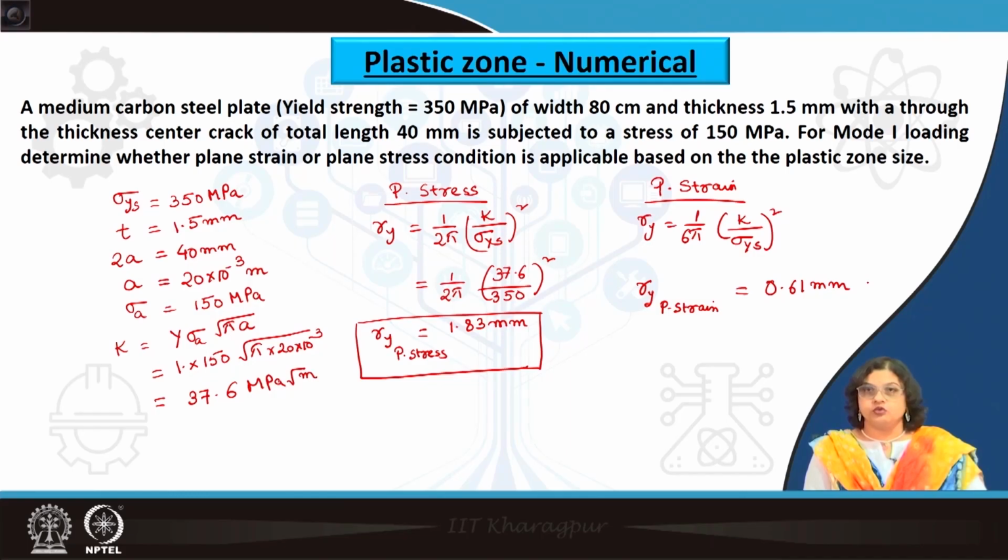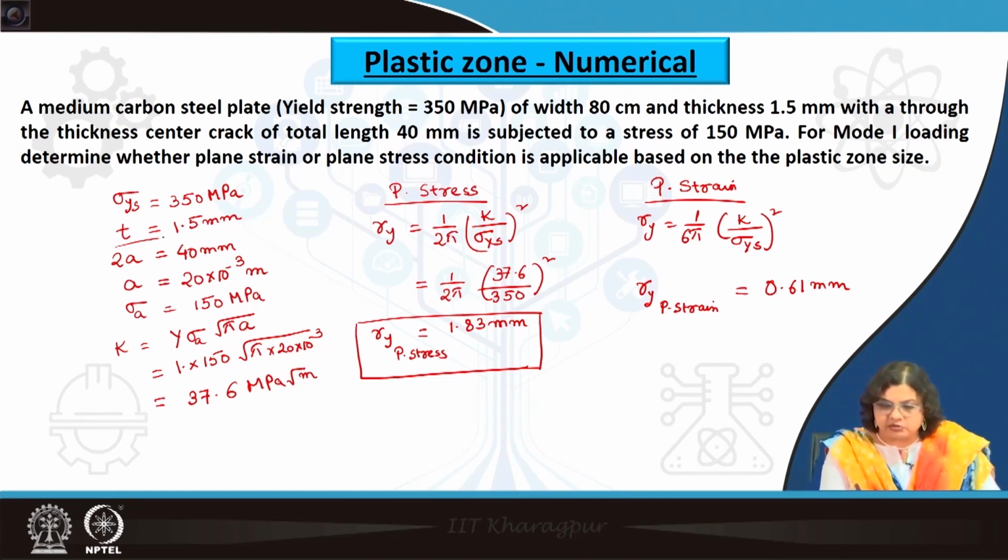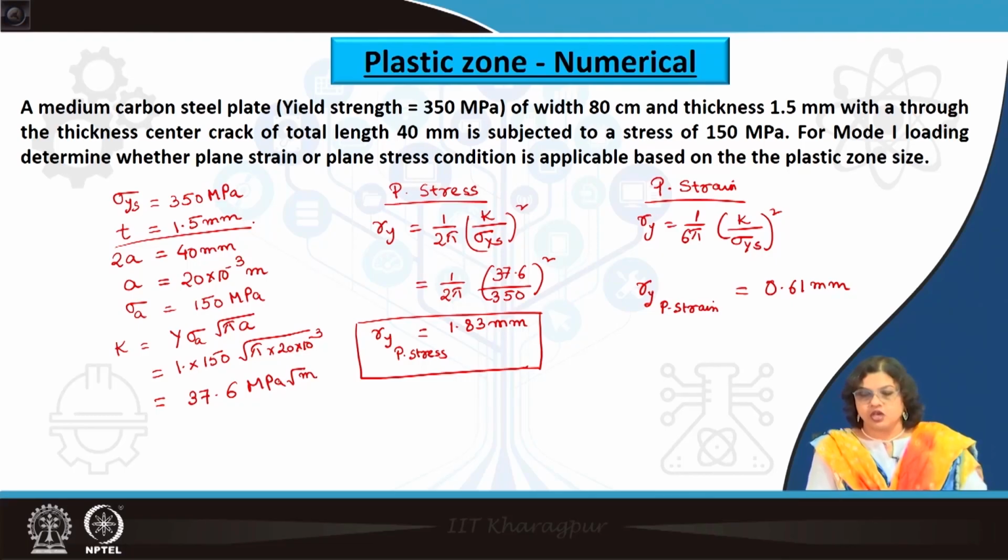Now, we also know that there is a relation between plastic zone size and the thickness of the specimen. So, in this case thickness is 1.5 millimeter, and this is quite close to what we are getting under plane stress condition.